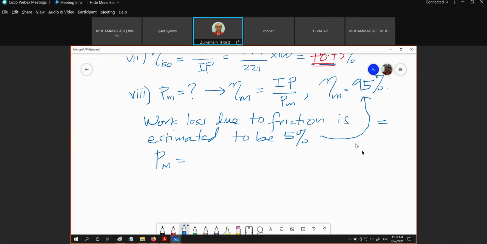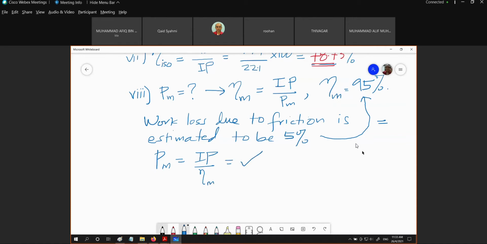P motor is equal to IP divided by mechanical efficiency.